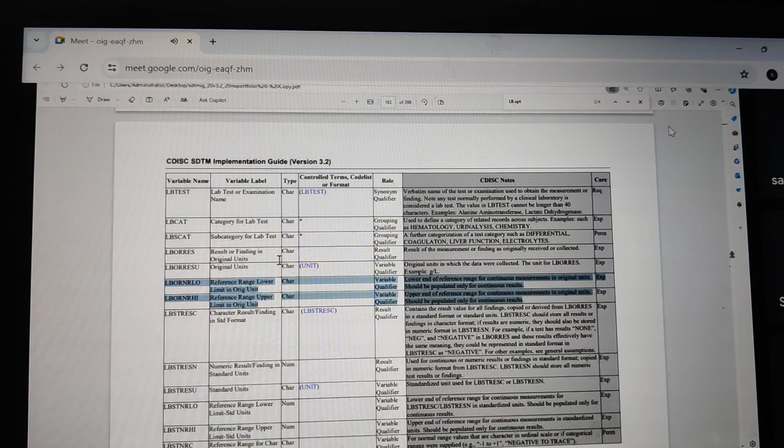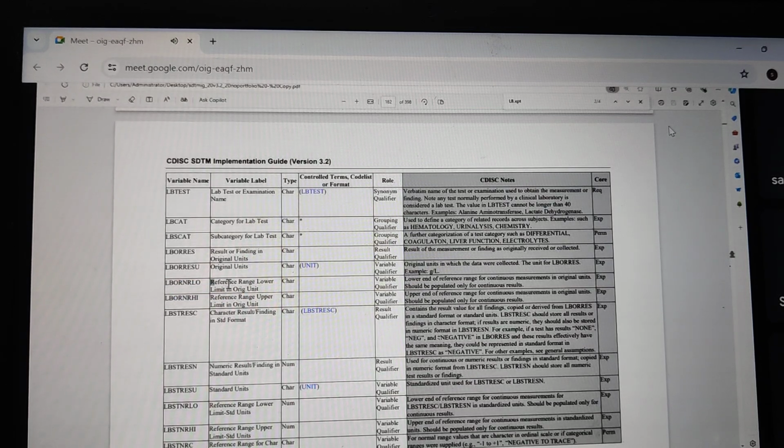But when it comes to the LB, along with those variables, you can see these two extra variables, LBORNRLO and LBORNRHI. This is nothing but the normal range indicator low and normal range indicator high. For example, the reference range lower limit in original units and the reference range upper limit in original units.